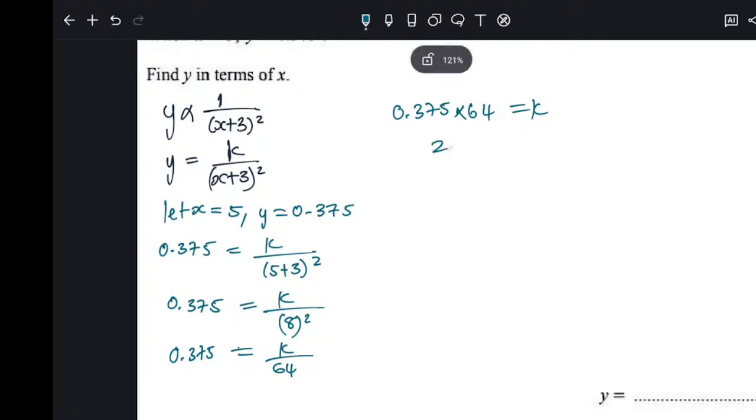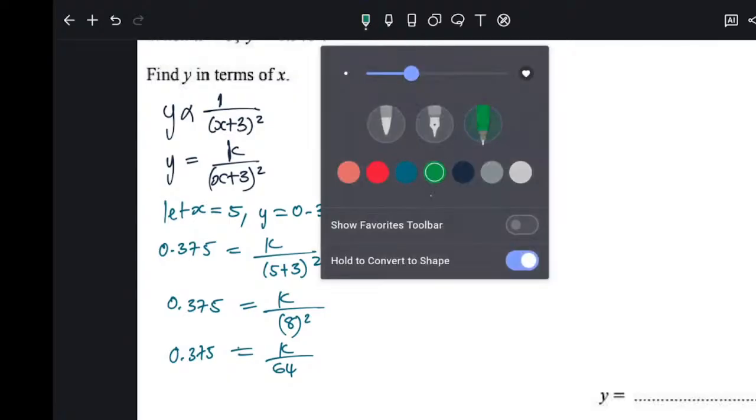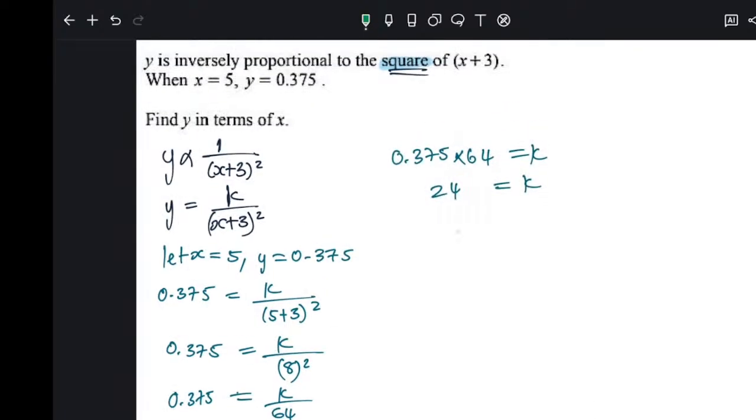It's 24. Is equal to k. There we go. Now what are we going to say? y is going to be, instead of k, you now put 24 over x plus 3 squared.